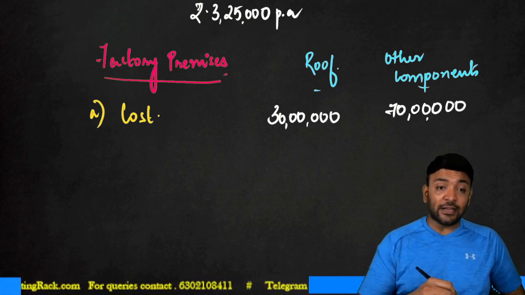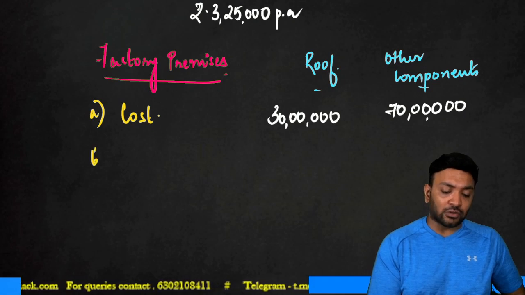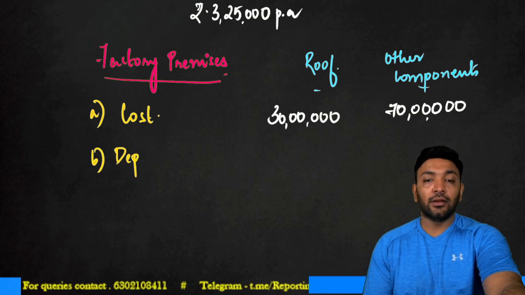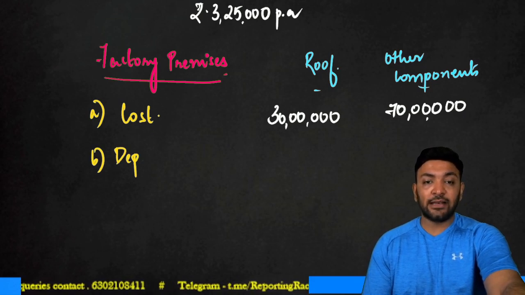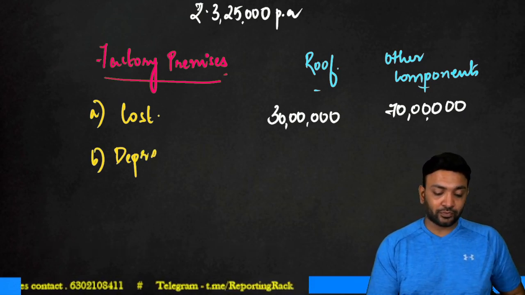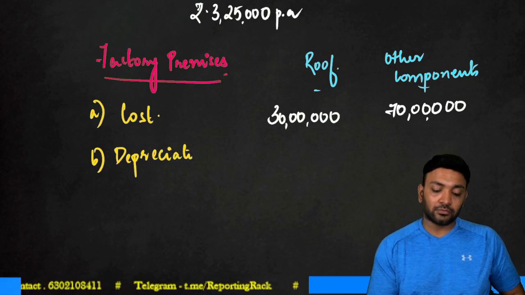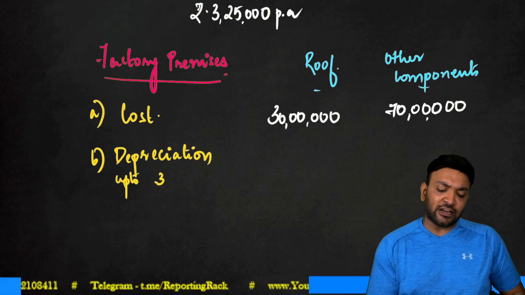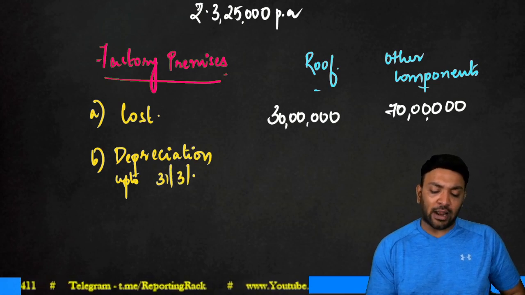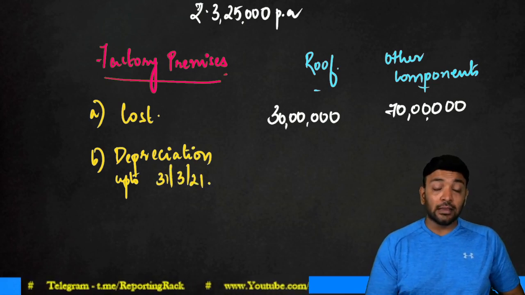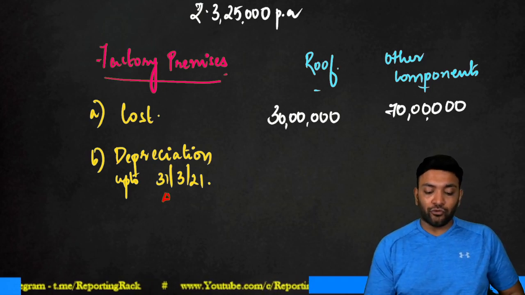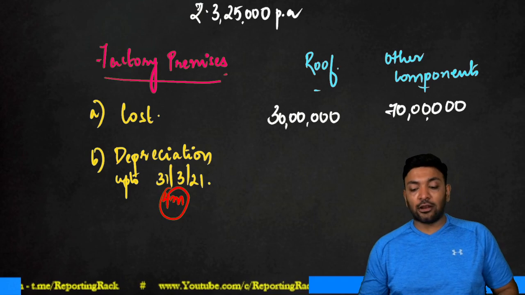Now, current year depreciation in 2011-12, up to 31st March, is nothing but 4 months. Calculate.